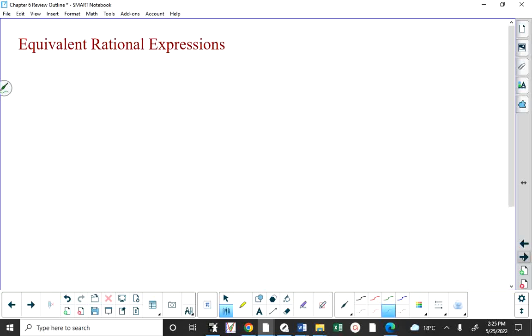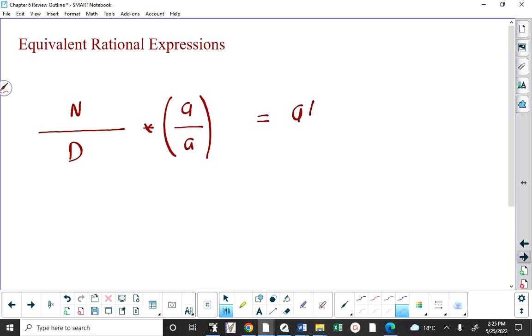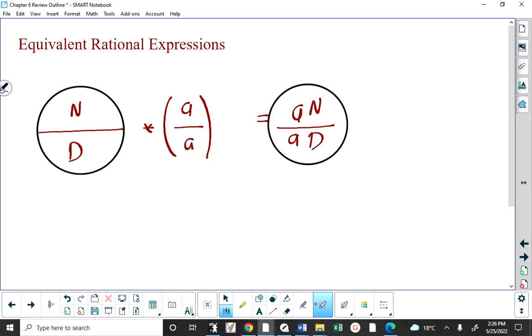Equivalent rational expressions. Just be aware that if you take a rational expression and you multiply it by 1 to get a new rational expression, that this rational expression and this rational expression are equivalent.